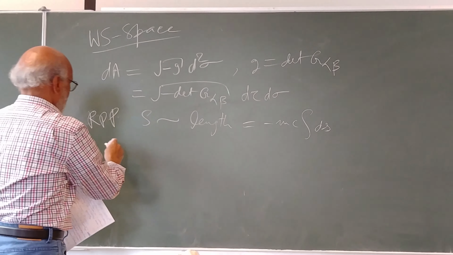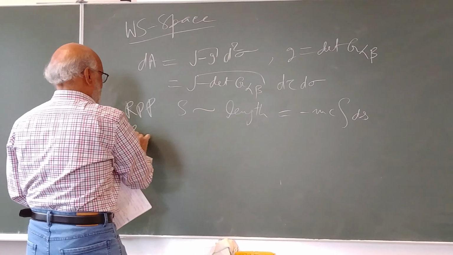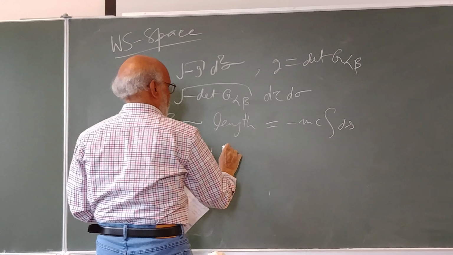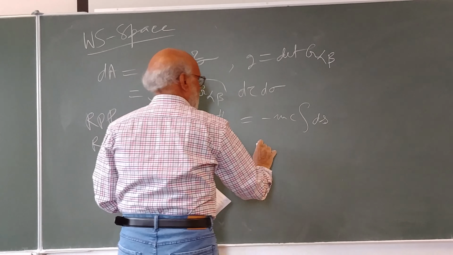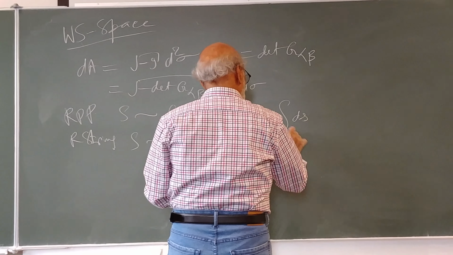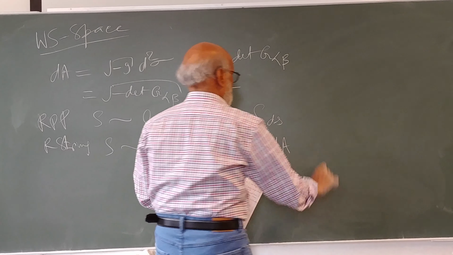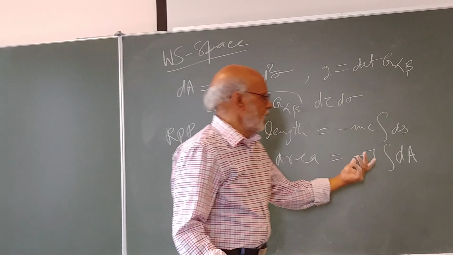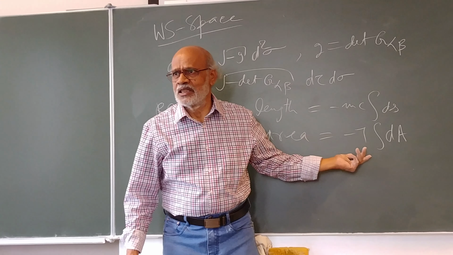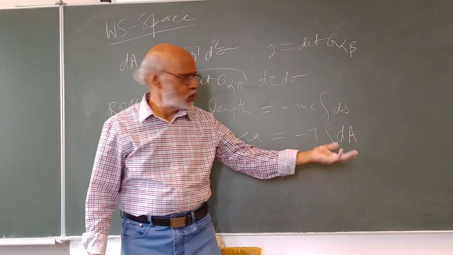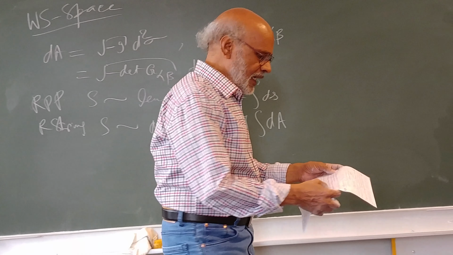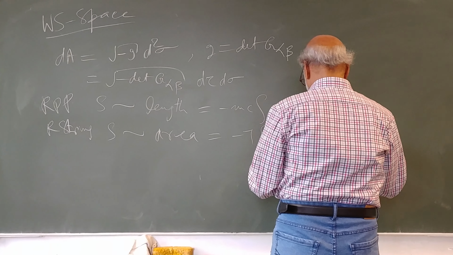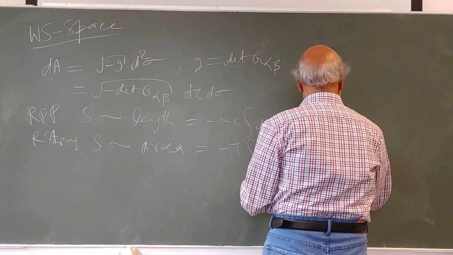Here for the relativistic string, the action is proportional to the area. So some string density, some constant, times dA.